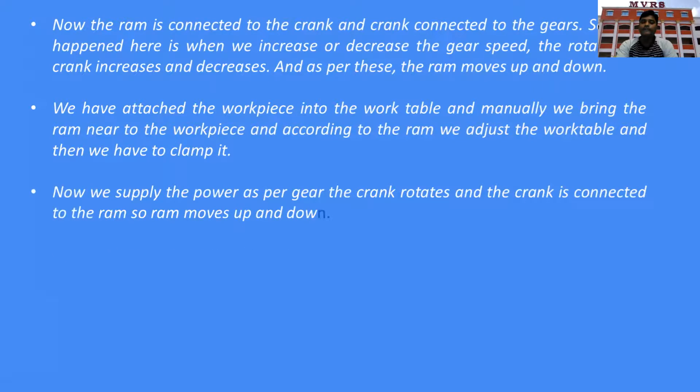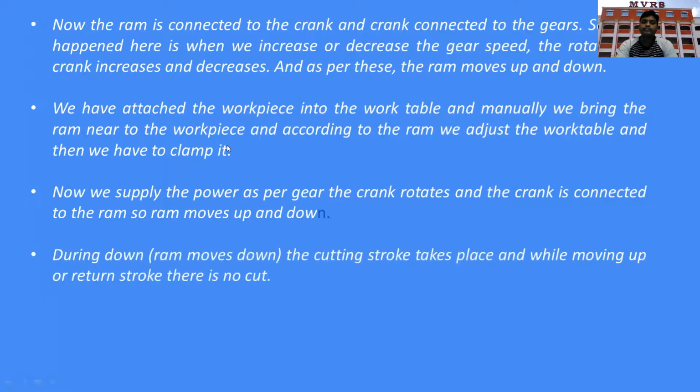Next, we supply the power as per gear. The crank rotates and the crank is connected to the RAM, so the RAM moves up and down. You should understand one point clearly here. While the RAM moves down, the cutting stroke takes place, and while moving up, the return stroke, there is no cutting.